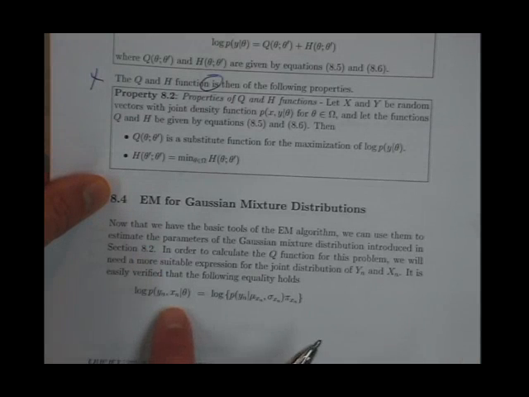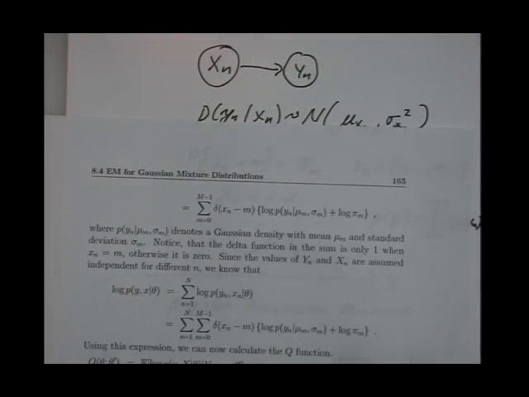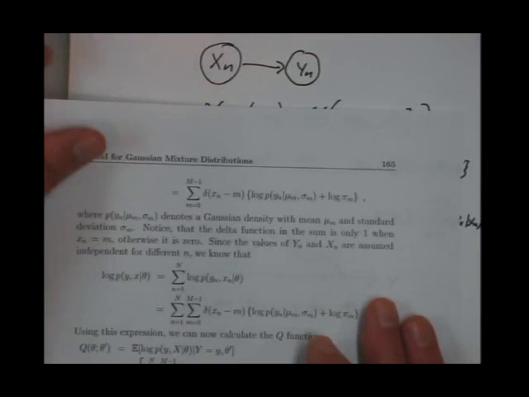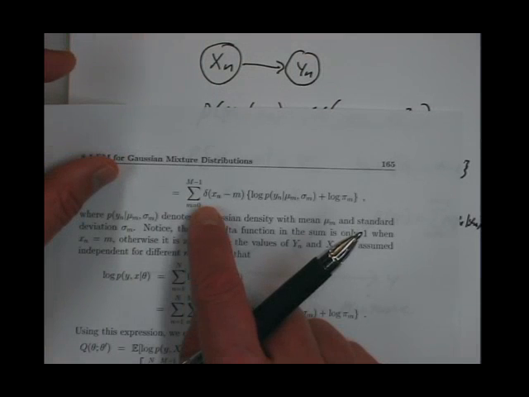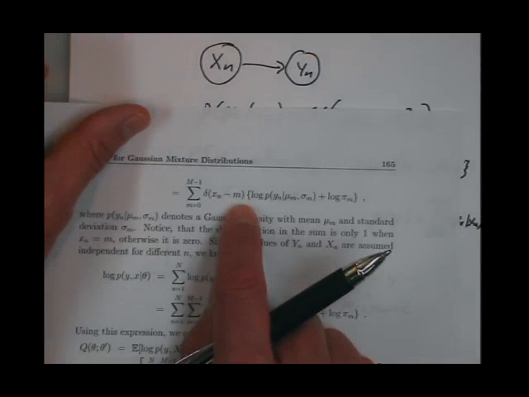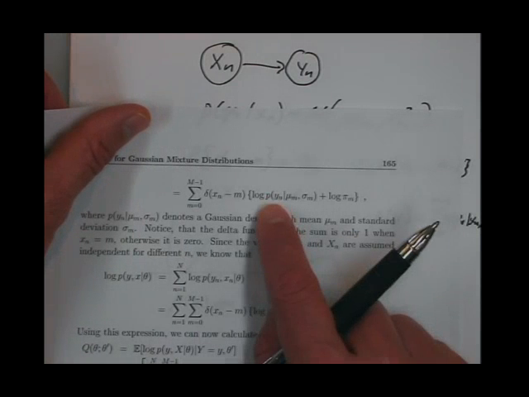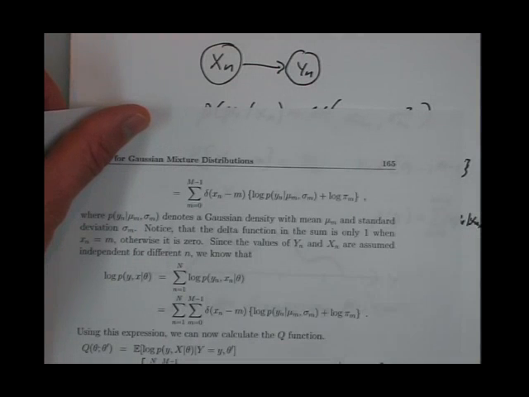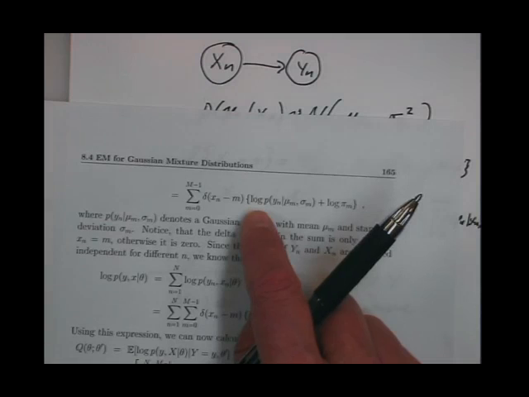Pointing to the first equation in section 8.4, which is the joint distribution of y and x. Then the next equation at the top of page 165 just expresses that as a sum where we have a delta function for each x. And this is true. It's not entirely clear why we write it this way.